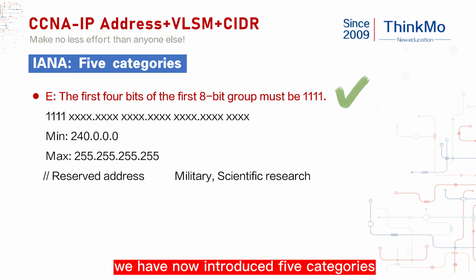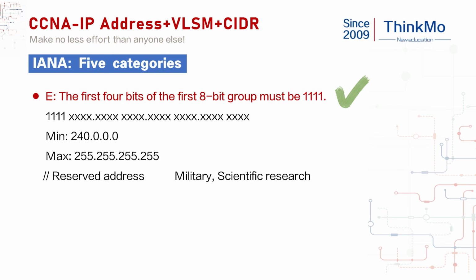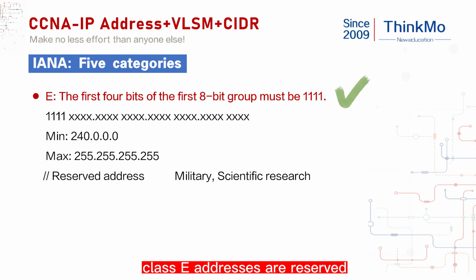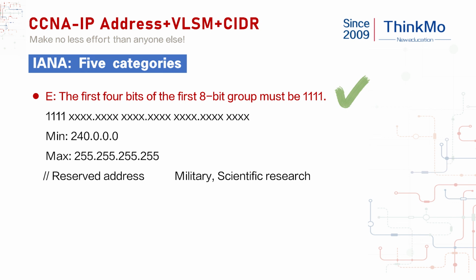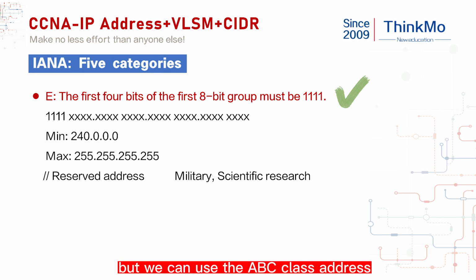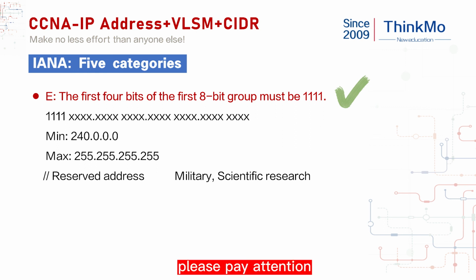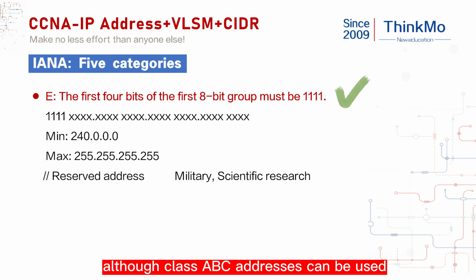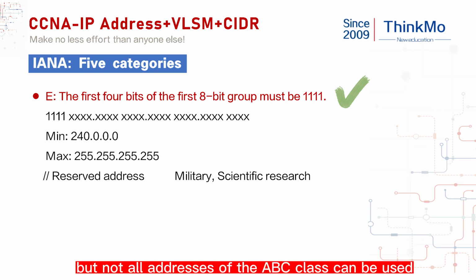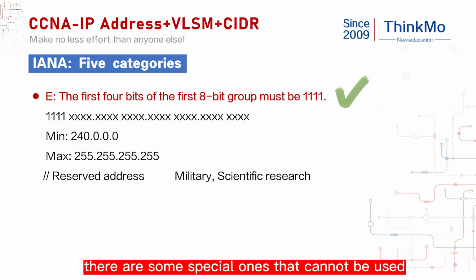We have now introduced 5 categories. Class E addresses are reserved, so you can't use them. But we can use the A, B and C class addresses. Please pay attention: although Class A, B and C addresses can be used, not all addresses of the ABC classes can be used. There are some special ones that cannot be used.